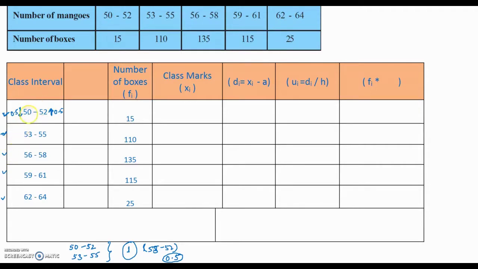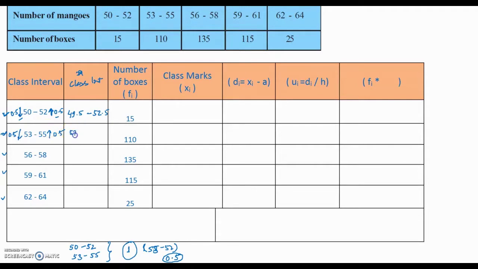So what happens when we do this? The new class interval first will look like 49.5 to 52.5. You see, I have increased the upper limit by 0.5 and decreased the lower limit by 0.5. Similarly, I do the same here: increase the upper limit by 0.5 and decrease the lower limit by 0.5.